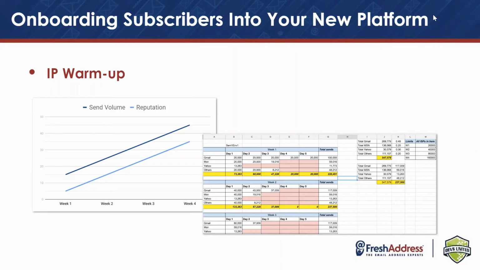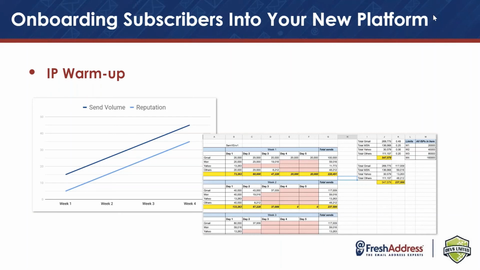breaking down this email sends by email domain. And then as days go by, you increase your volume day by day and watch your deliverability stats. Once you reach a desired volume you want to keep, then you keep that cadence to maintain your reputation.